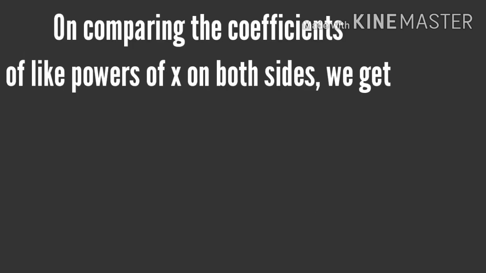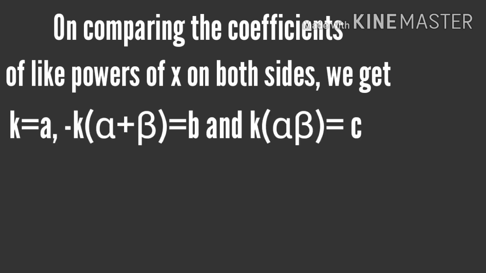On comparing the coefficients of like powers of x on both sides, we get k equal to a, minus k(alpha plus beta) equal to b, and k alpha beta equal to c.